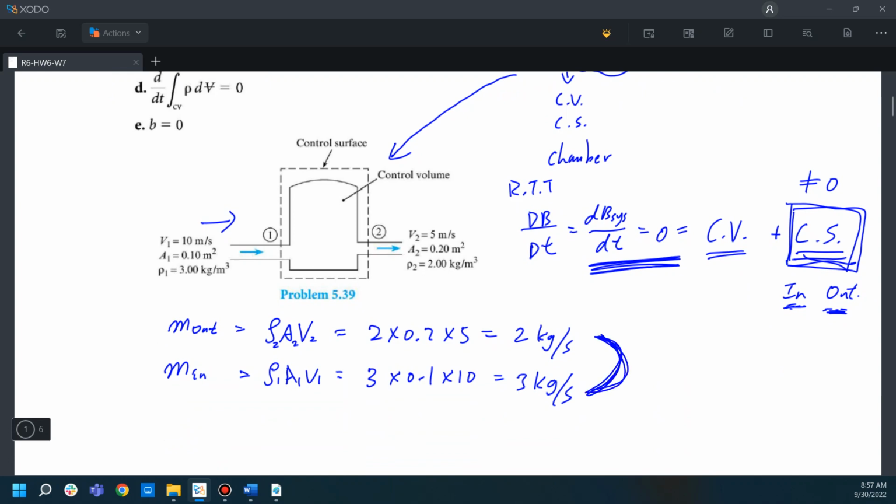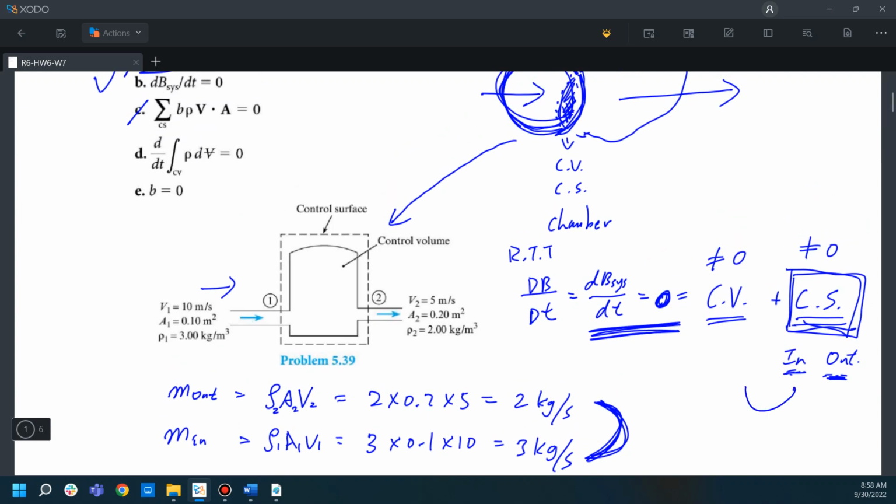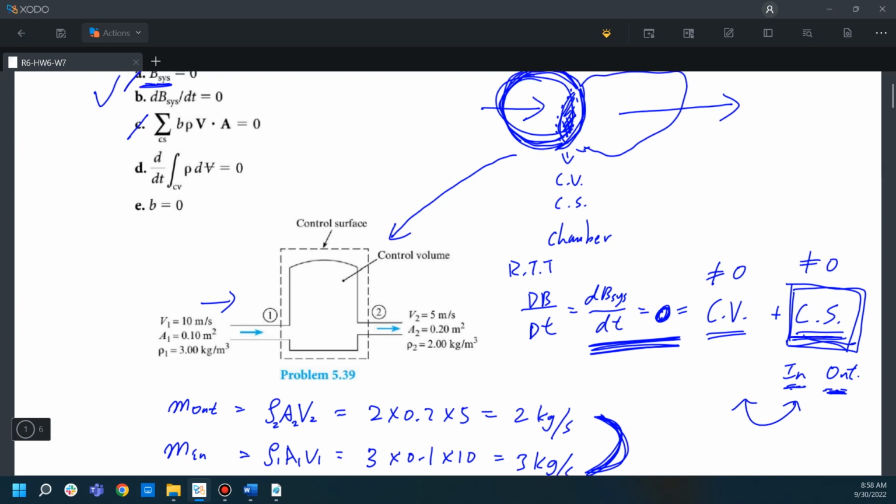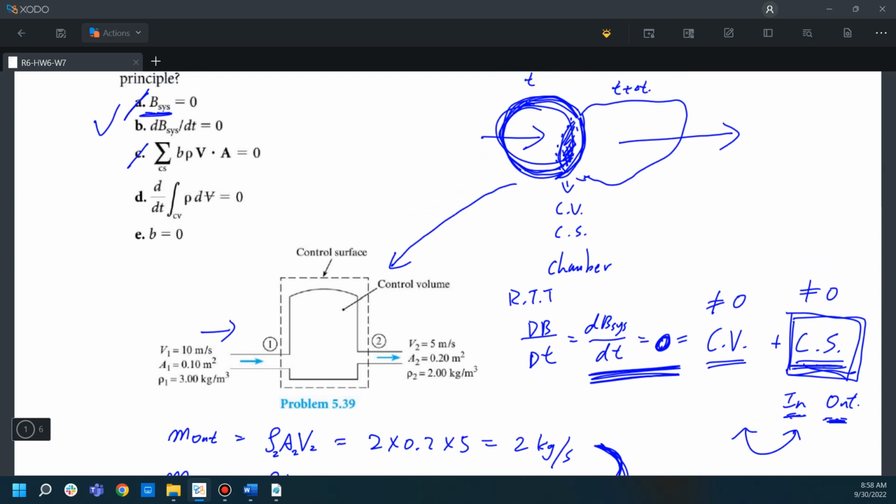So in order for this entire RTT equation to be 0, the control volume term cannot be 0 as well, because it has to complement the value shown in this control surface part. So we know that this control volume term, which is this one, cannot be 0. So this option is also wrong.